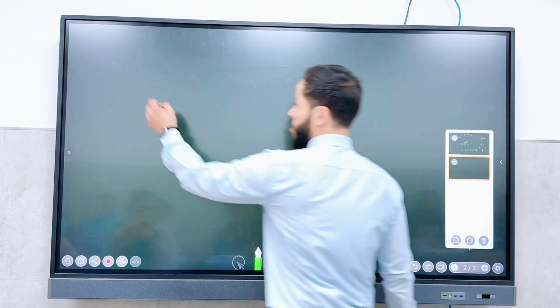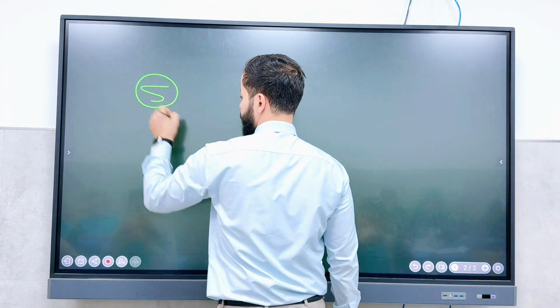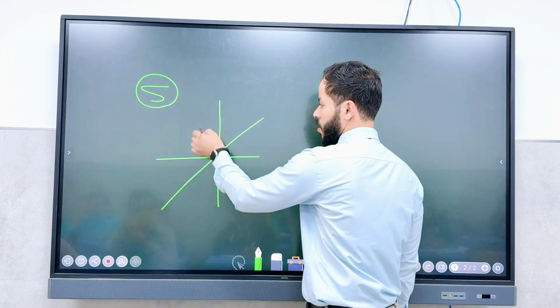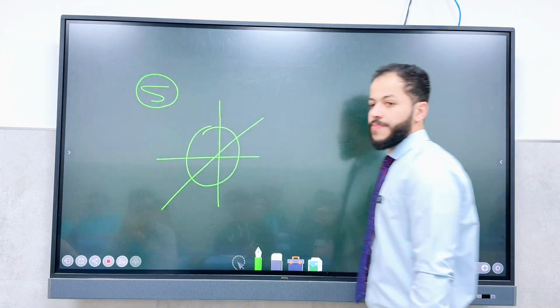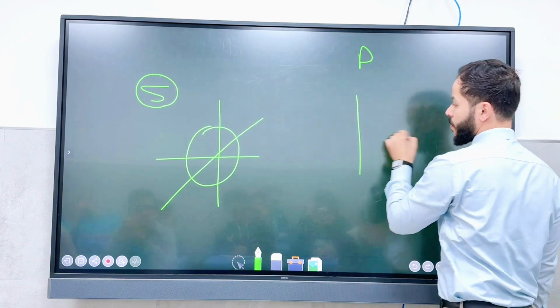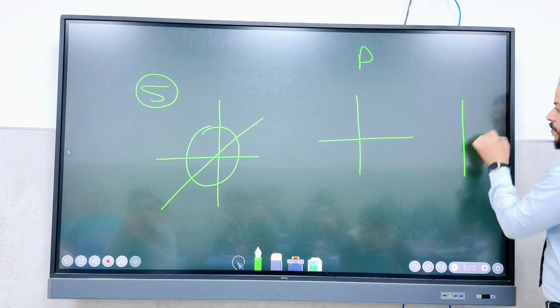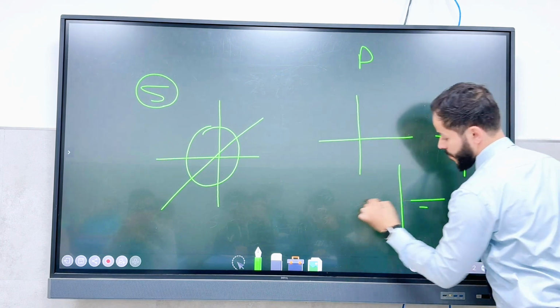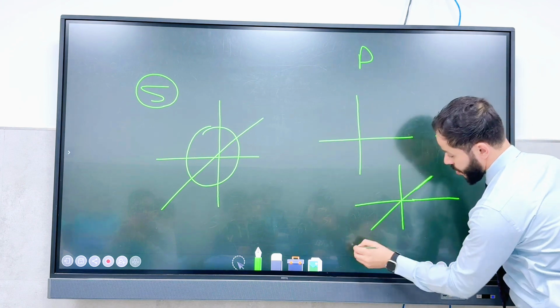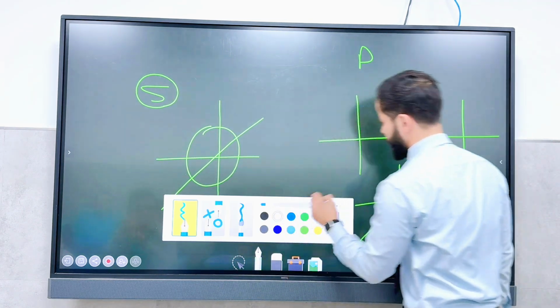Let's remember the shape of the orbitals, guys. What is the shape of the s orbital? Perfect answer, spherical shape, right? And the p orbital, guys, what is the shape of it? Do you remember?